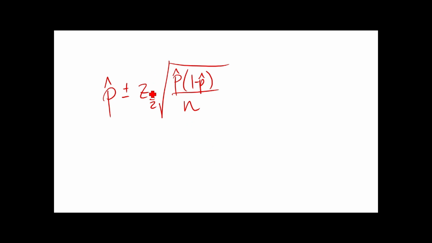And which of these things do you actually have control over? So let's say you pick your confidence in advance, what do you actually have control over in this whole formula? You only have control over one thing, and what is it? The sample size, really. Yeah, this is really the only thing you have control over.